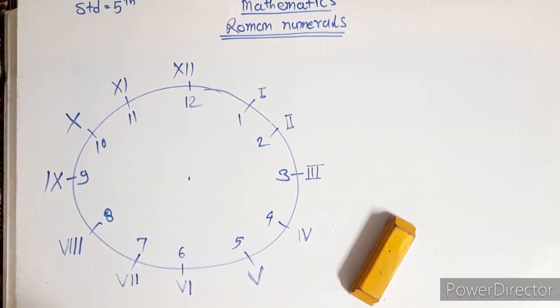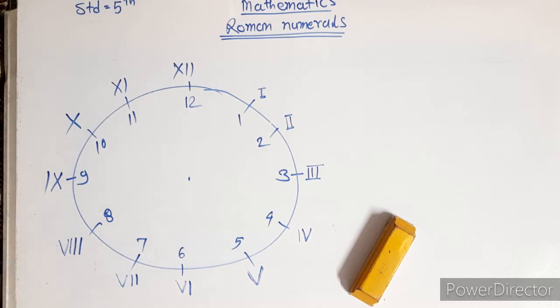The symbol can be repeated for a maximum of 3 times, not 4 times. If we use 4 times, it is absolutely wrong. Now we learn some rules about the Roman numerals.